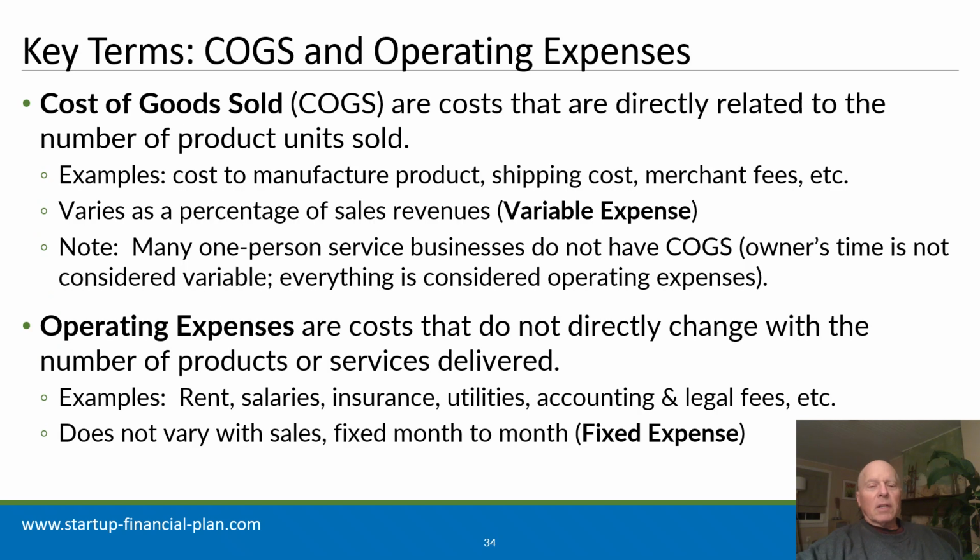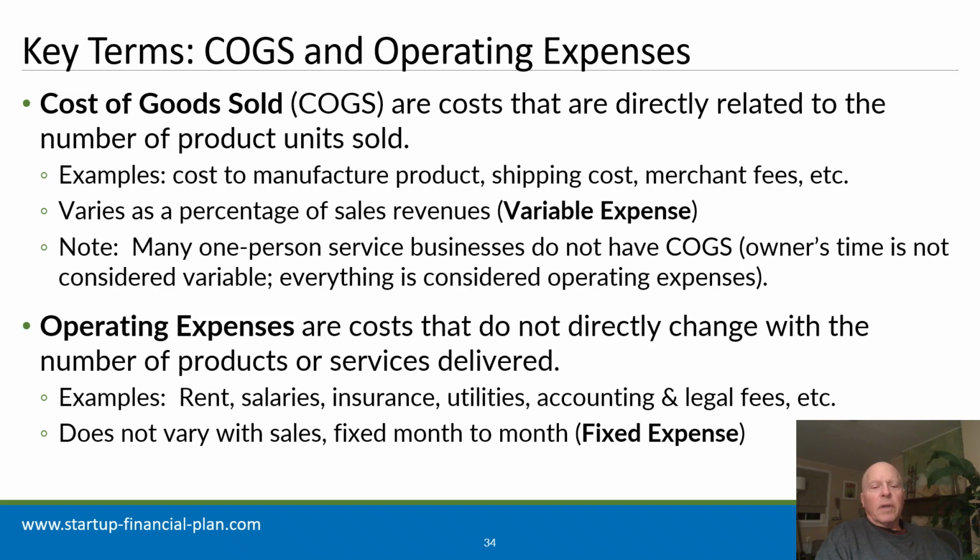So let's talk about expenses. The expenses are broken up into two big buckets. We have expenses that are directly associated with delivering the product or service to the customer. Typically, that's called cost of goods sold. Some people may refer to that as variable expense. And then I have month-to-month operating expenses that are indirect.